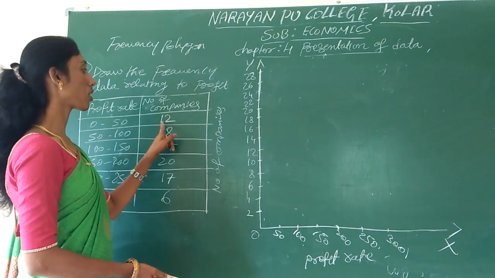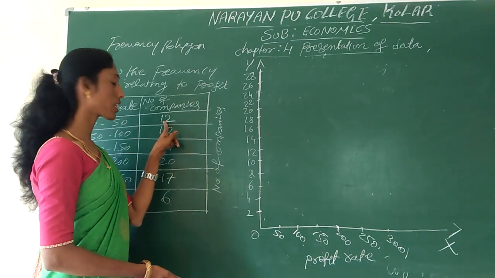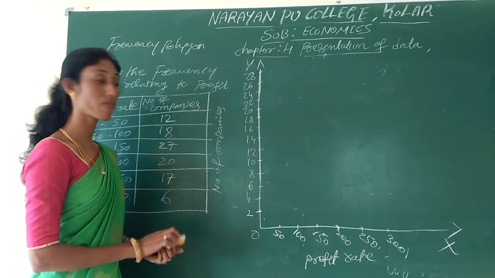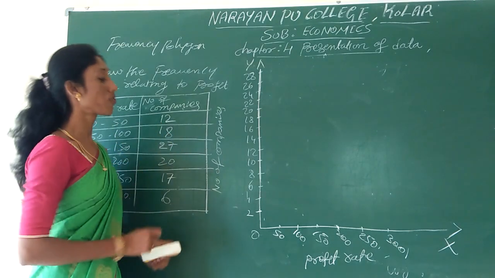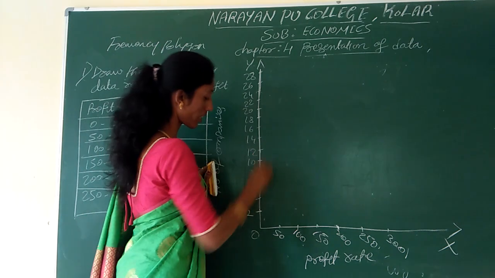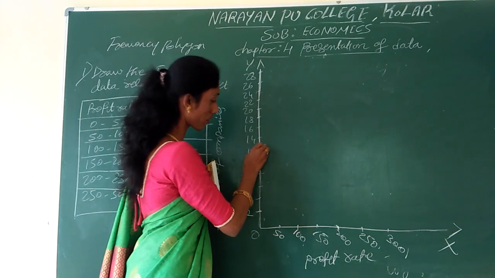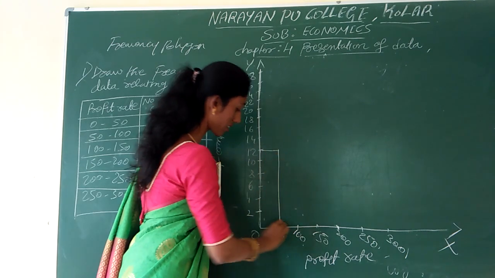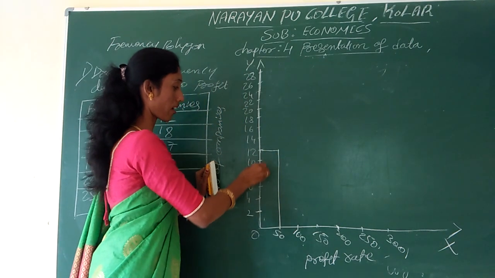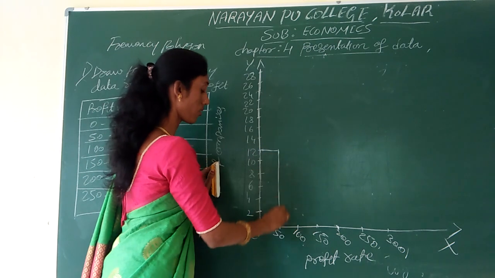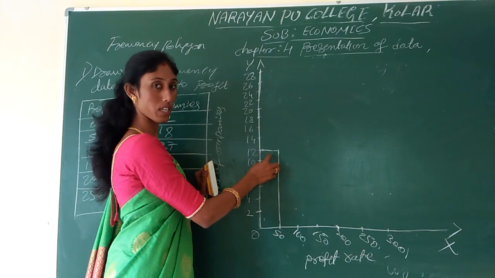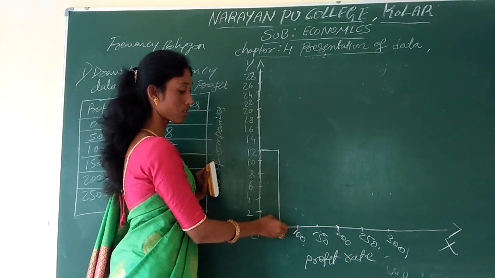From 0 to 50, how many companies are earning the profit? There are 12 companies earning the profit between 0 to 50. Here there is a 12, right? It's the 0 line. From this line to 50, we need to join. This bar or rectangle starts from here. But if it is 50 to 100, it will start from here.